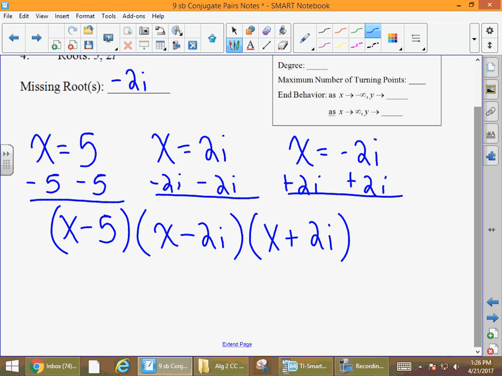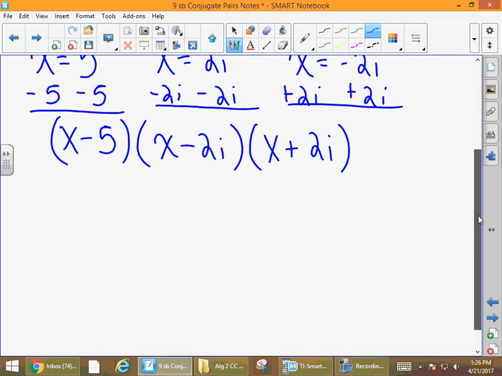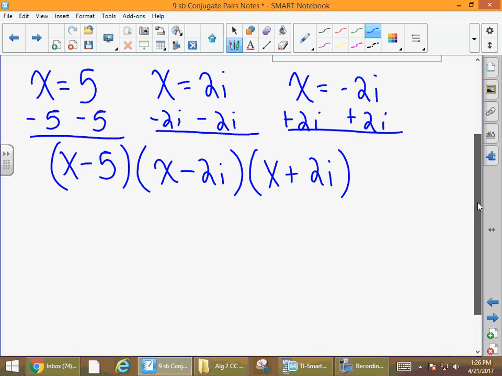And we're going to multiply all these together. The one thing that I can recommend on this particular problem is, because we have conjugates here, x minus 2i and x plus 2i, we changed one sign, I recommend that you multiply these two together first. You don't have to, but it will be a little bit easier. So when we multiply, they don't cancel each other out, but x times x is x squared.